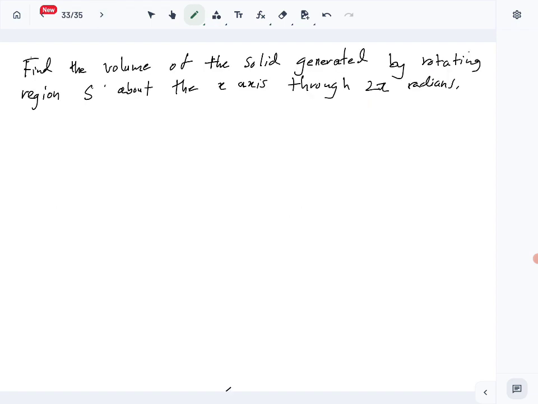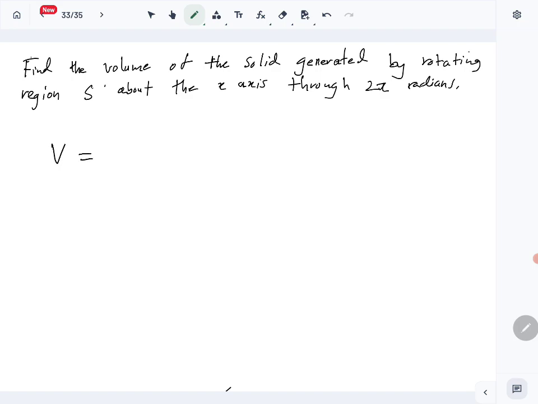Right. Then the final part of the question is find the volume of the solid generated by rotating region S, the region S that we found in the previous part, about the x-axis through 2 pi radians.